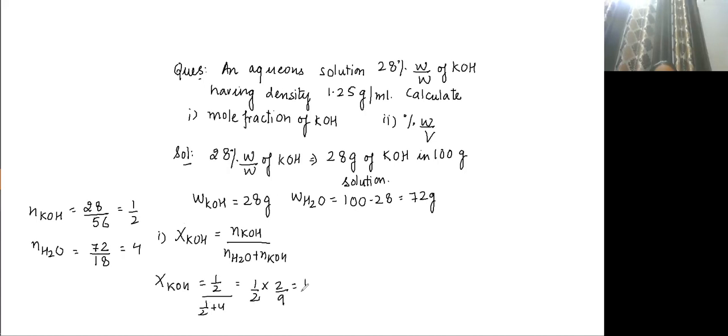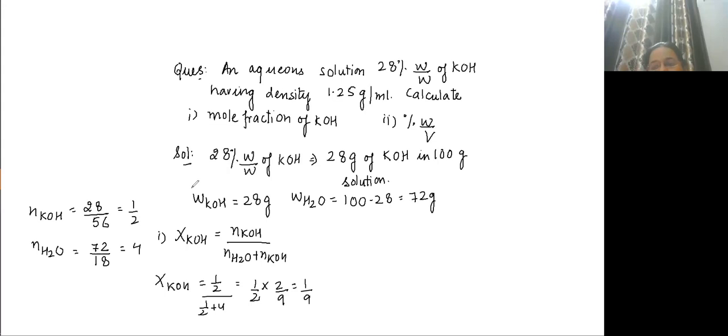So mole fraction is 1 by 9. Any doubt in calculation of mole fraction? You just have to find out from 28% how much weight of KOH is there and how much weight of H2O is there. If you know the weight, you can find out the mole fraction.